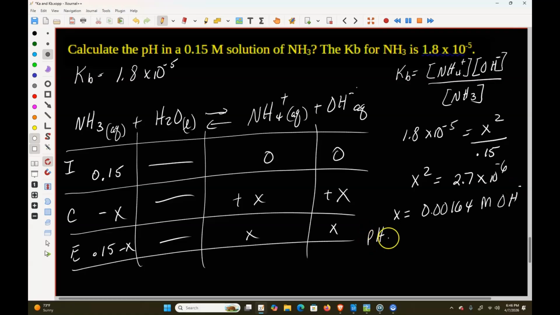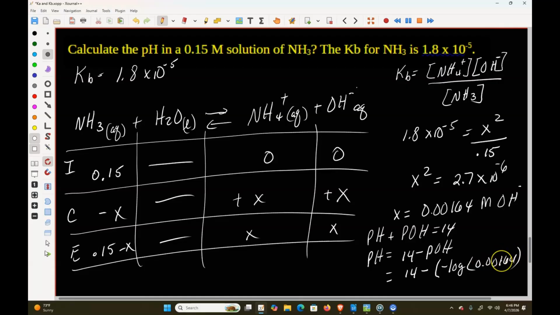We know that pH plus pOH equals 14. So pH is equal to 14 minus the pOH. So the pH is going to be 14 minus, open parentheses, the negative log of 0.00164. So the pH then is going to equal 11.21.